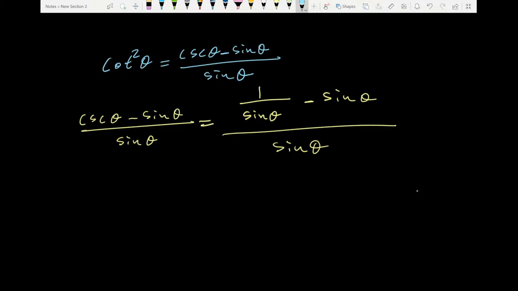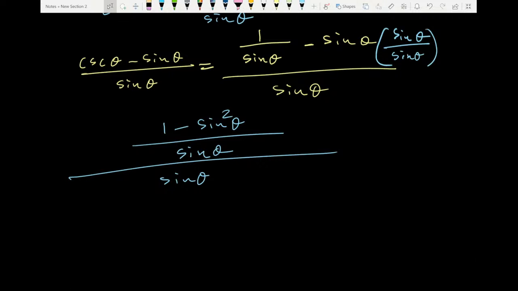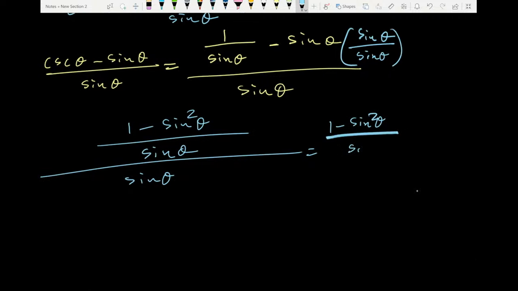This is the denominator, so I have to multiply this side by sine of theta over sine of theta. And I get 1 minus sine square of theta over sine of theta times sine of theta. Well, you know what is this top part? Let's come back to the top part. Fraction divided by that, you get 1 minus sine square of theta divided by, it just goes down and you just multiply it.